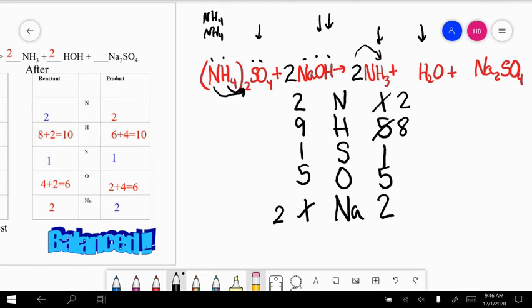So right now, let's add this up again. 4 oxygens here, 5, 6 oxygens. Let's go to hydrogen. 8, 9, 10 hydrogens now, like such. Okay, let's reevaluate. My nitrogens are balanced, my sulfurs are balanced, my sodium's balanced. The only thing that's off is hydrogen and oxygen. So let's go through and let's balance those. Well, if I put a 2 here, that gives me 6 hydrogens, 7, 8, 9, 10.